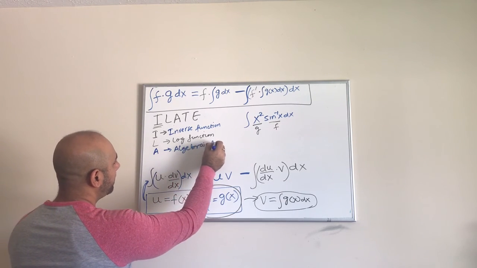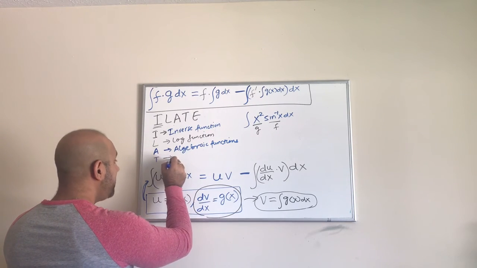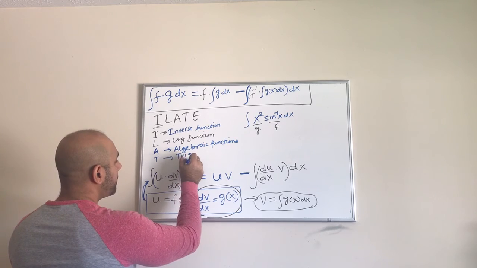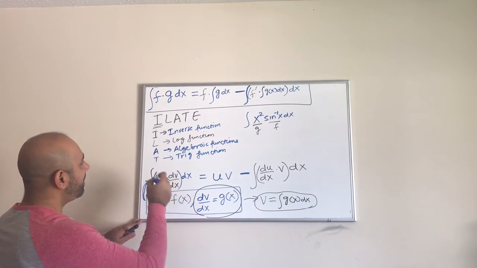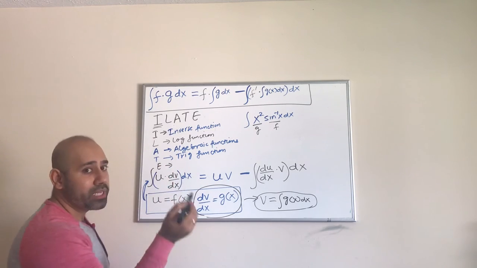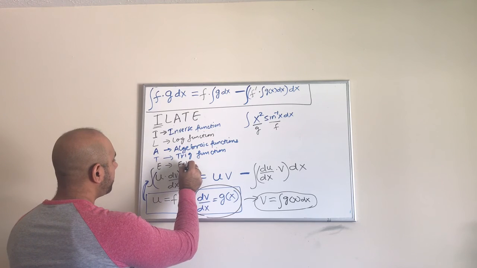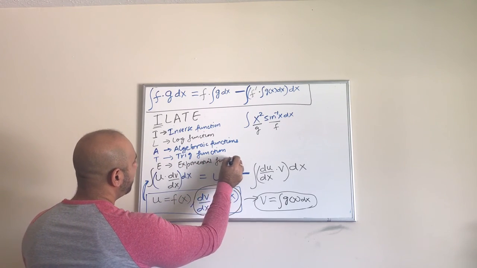The fourth one, T, stands for the trig functions. So algebraic functions come before trig functions, and the last one is the E, which stands for the exponential functions. I think we almost covered all the functions.